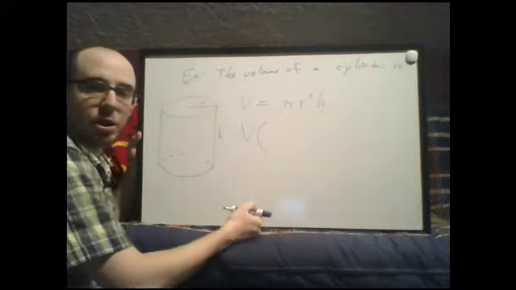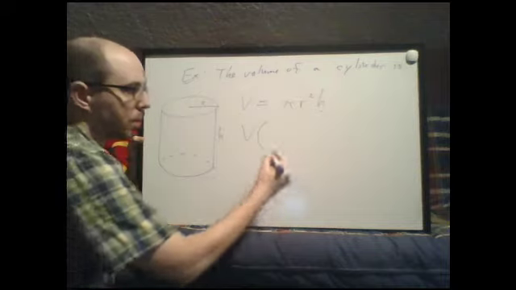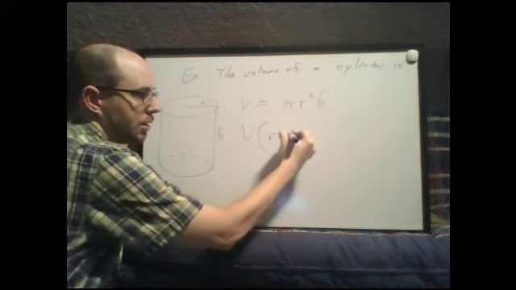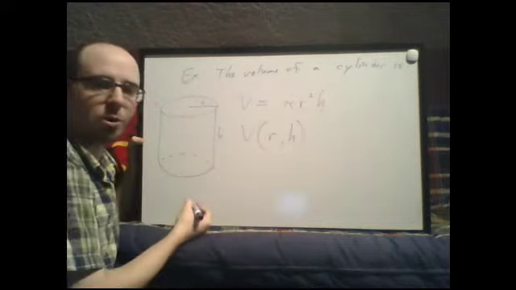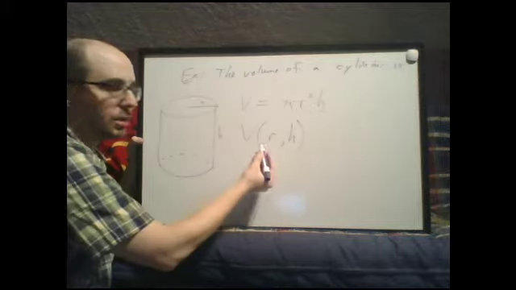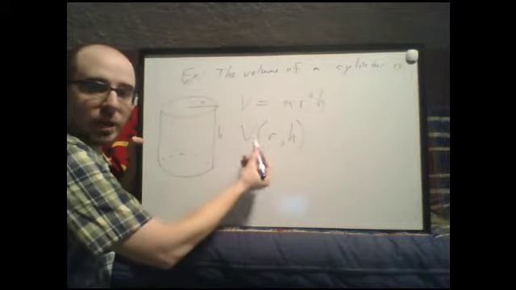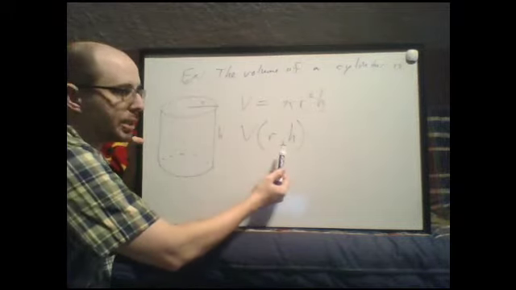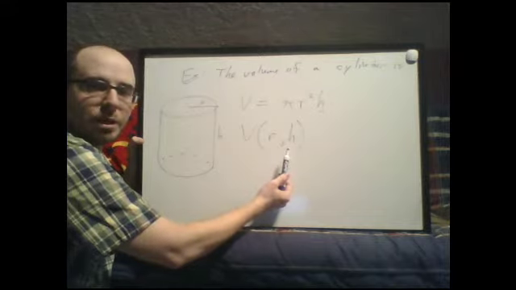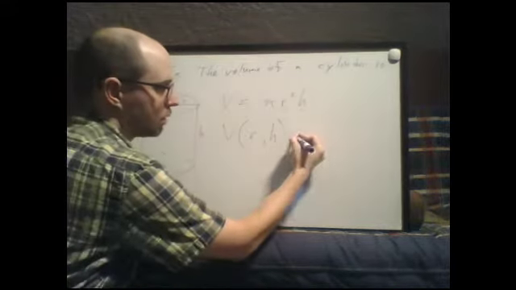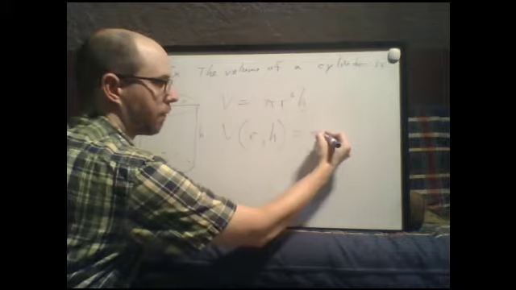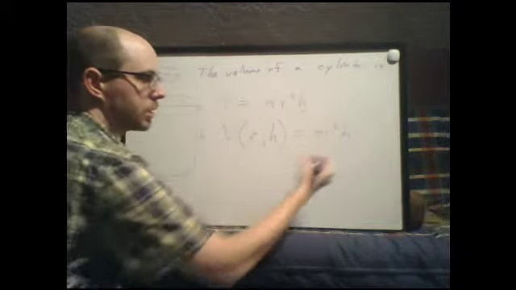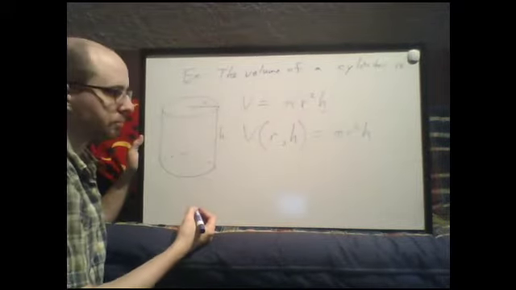R and h are both independent variables. So the notation for a function with more than one independent variable is, we have V of, with parentheses, and then we separate the different independent variables with commas. So this is my formula and function notation here.